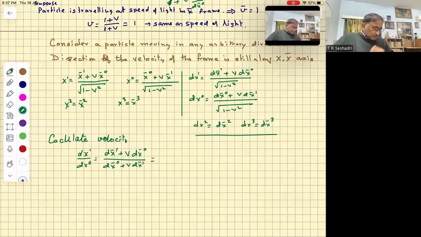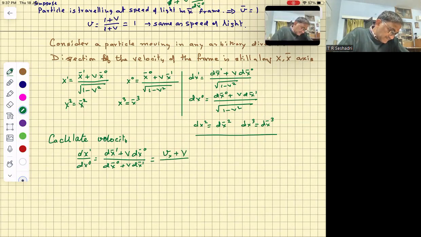Now since it is moving in an arbitrary direction, this will be equal to vx plus v divided by 1 plus v into vx. Are you clear with this?